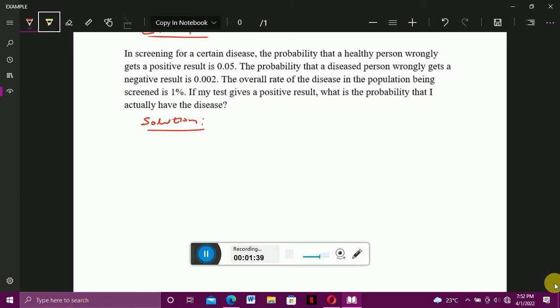So we could start by first of all saying let D be the event of having the disease.